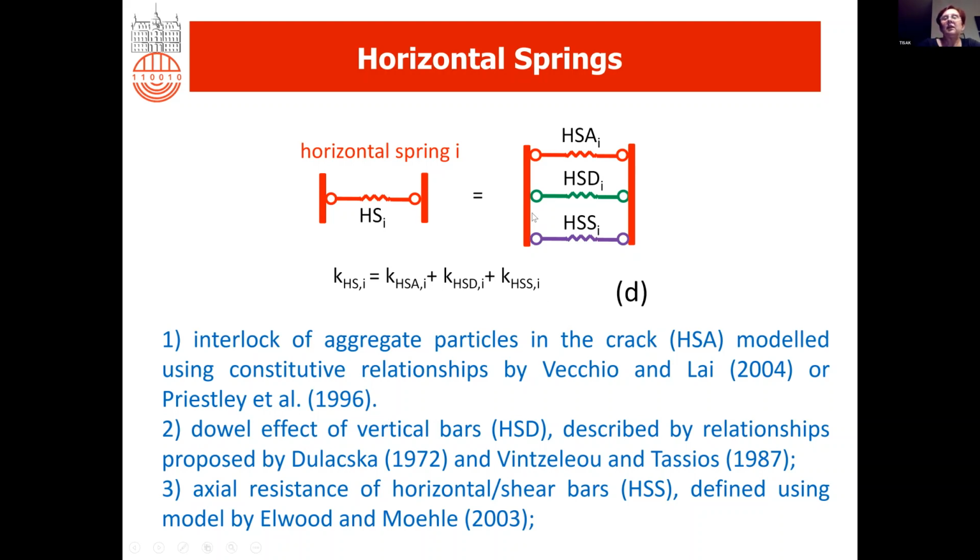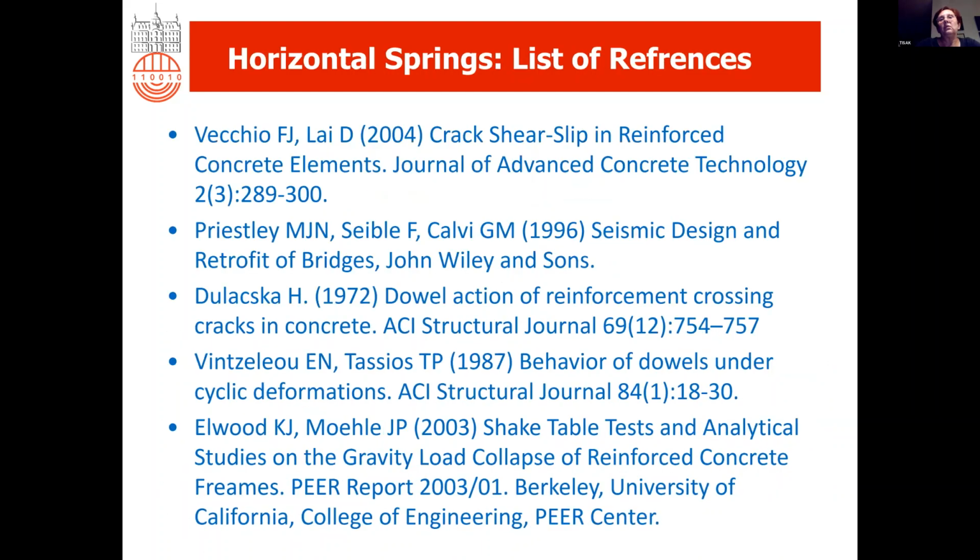Then the dowel effect of the vertical reinforcement, both of these references are okay, and for the horizontal reinforcement, the effect can be modeled using the model of Elwald and Miele. For those who decide probably to try this element, here are more details about these references.